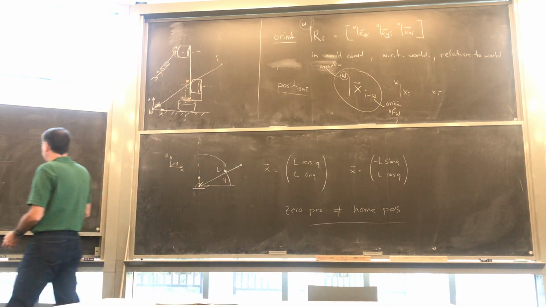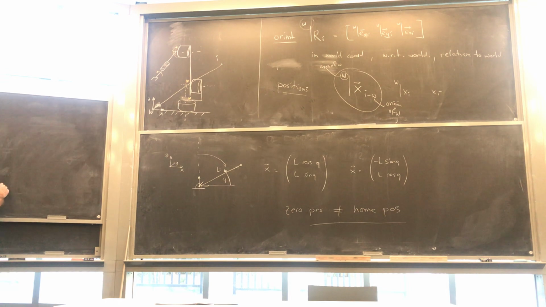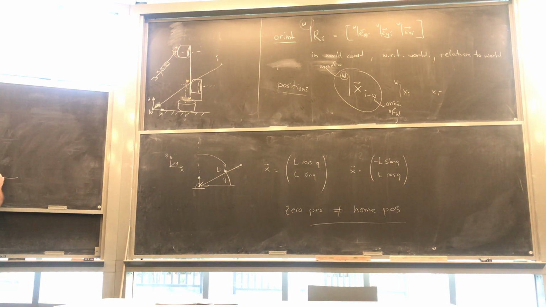I'll actually tell you what, I'm going to redraw it over here just to have it a little bit easier to access. I put my x, y, and z over here for the world. And I had this frame, and then I had my second motor sitting kind of here in that frame.